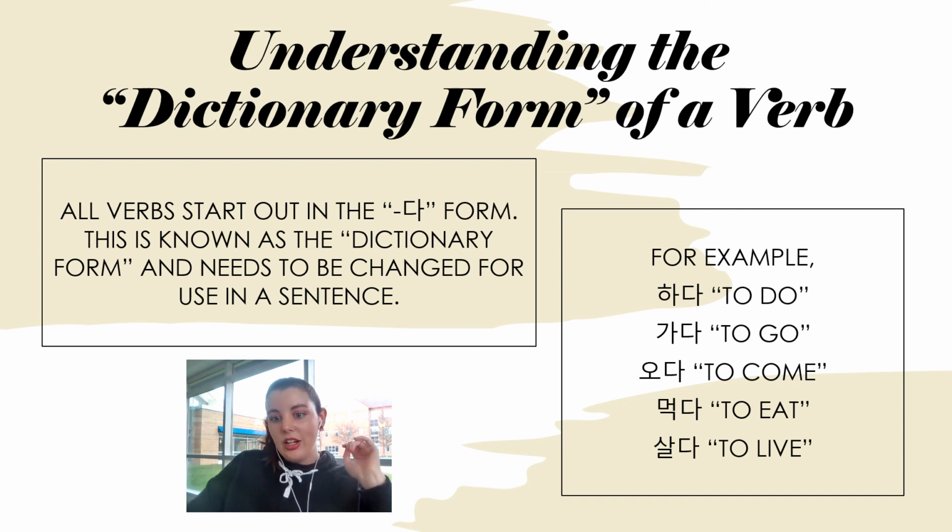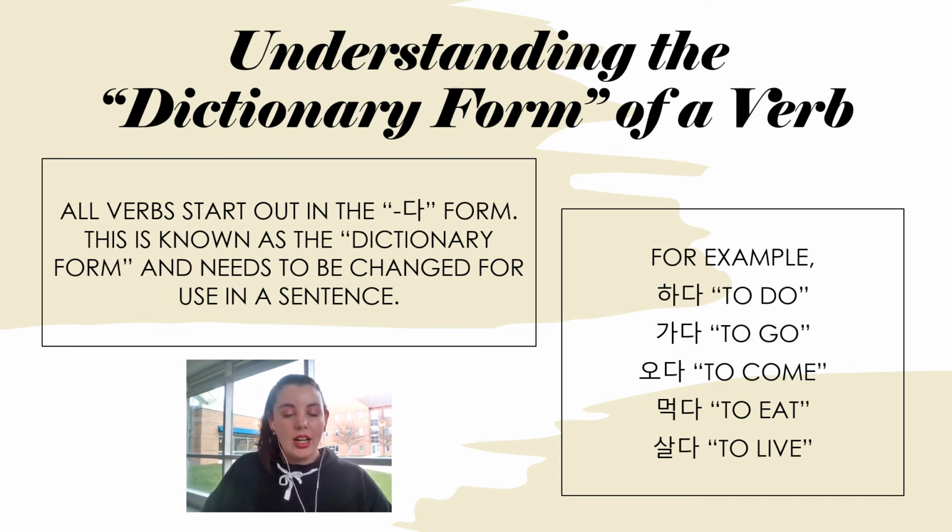So 가다, to go, 오다, to come, 먹다, to eat, and 살다, to live. All of them come in the dictionary form like that. It's called dictionary form because when you look verbs up in the dictionary, they all look like this. Da, da, da, da, da.